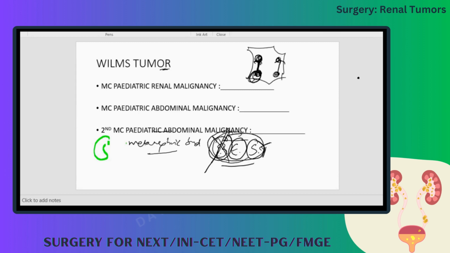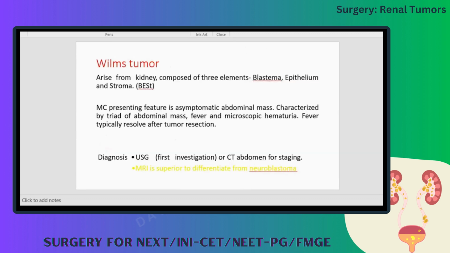What is a tumor? Tumor is nothing but unwanted proliferation. Wanted proliferation is normal tissue. When these three elements proliferate together, it is known as Wilms tumor. If there is a blastemal component, then it is Wilms tumor. They arise from the primitive kidney, not the normal kidney, that is in the neonates. So how will it present? Most commonly, it is an abdominal mass.